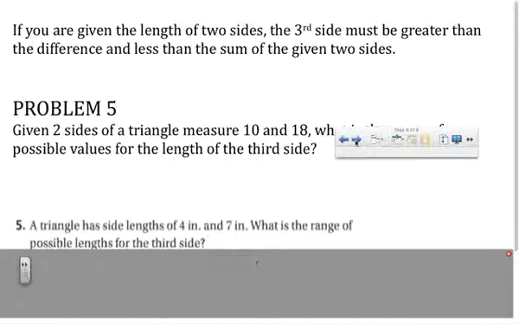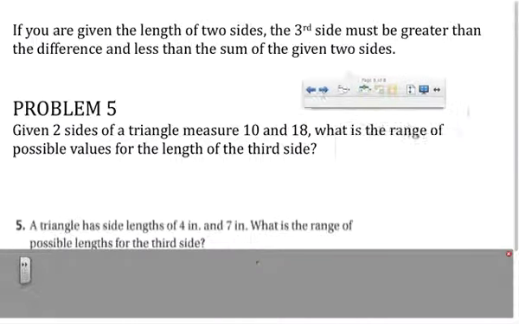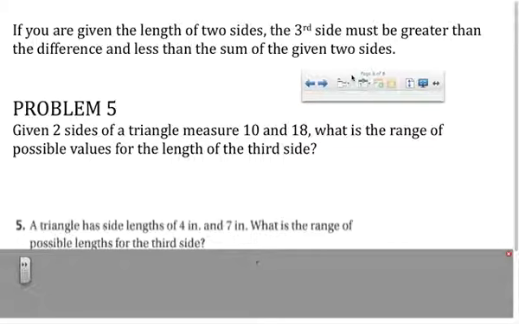So if we look at problem 5 from your notes, I'm given that two sides are 10 and 18, and I am asked for the range of possible values for the length of that third side.